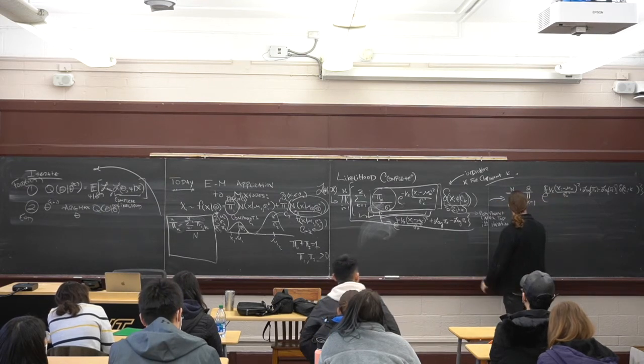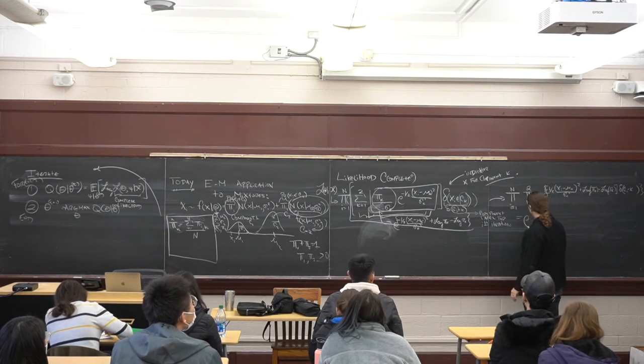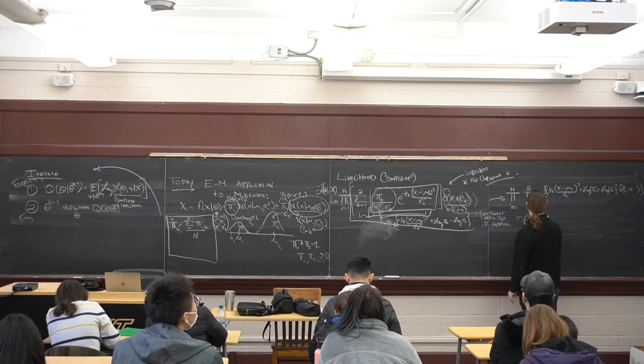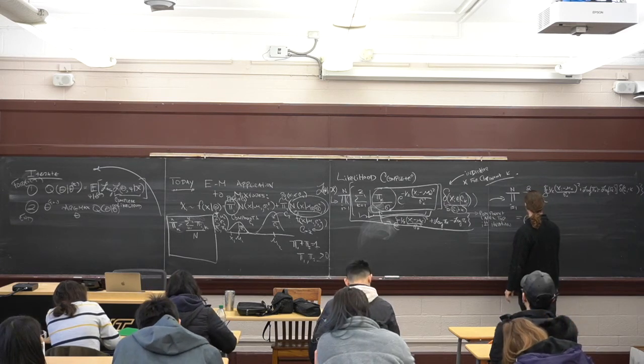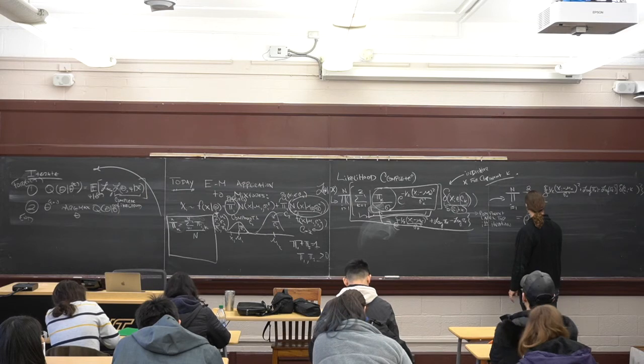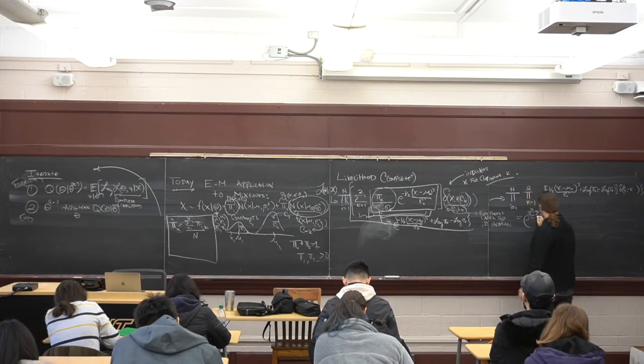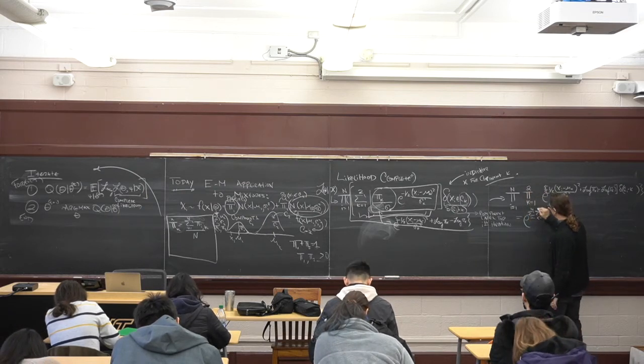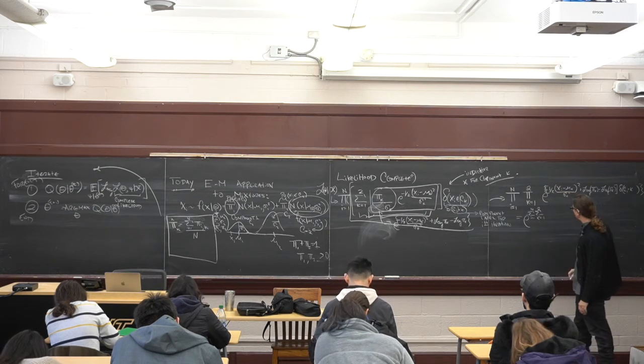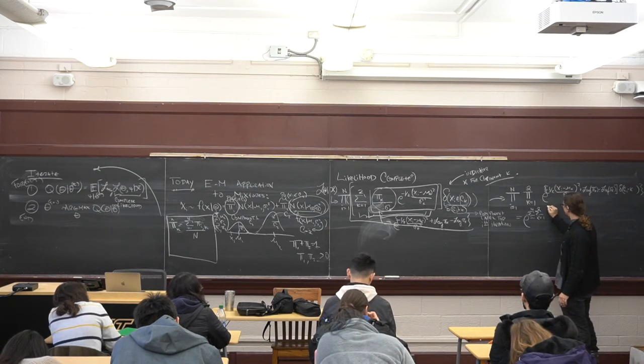So it looks like this. E to the minus, I'll write it like this, double sum, i goes from 1 to n, k goes from 1 to cap K, which is 2 in our example.